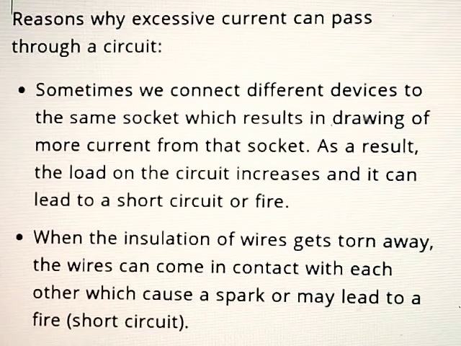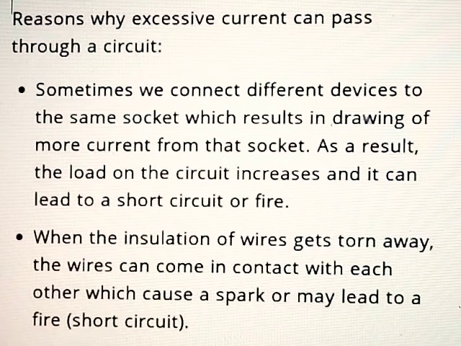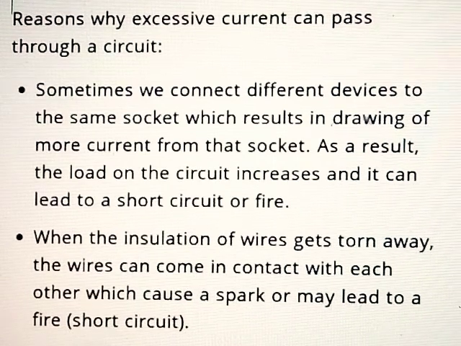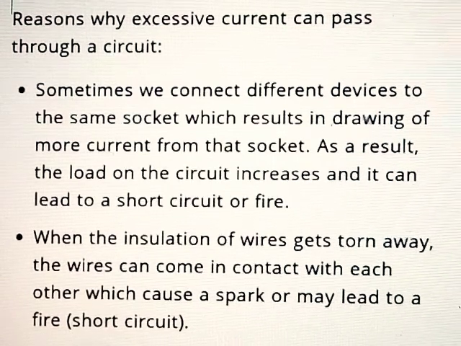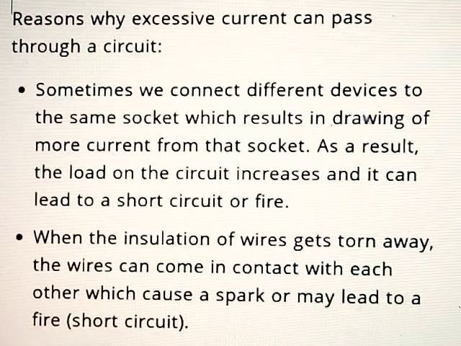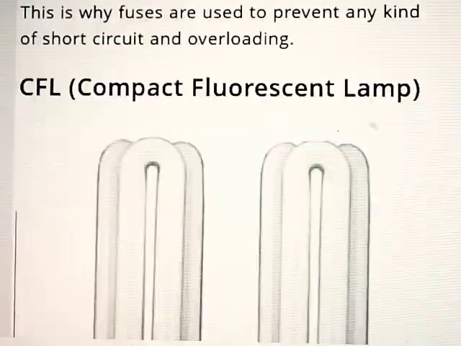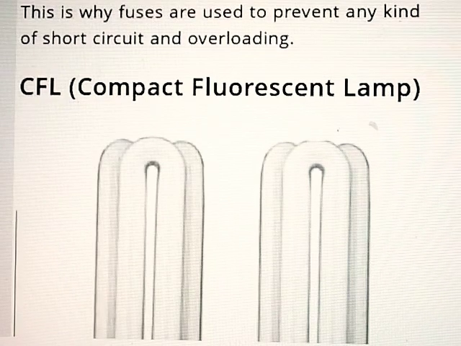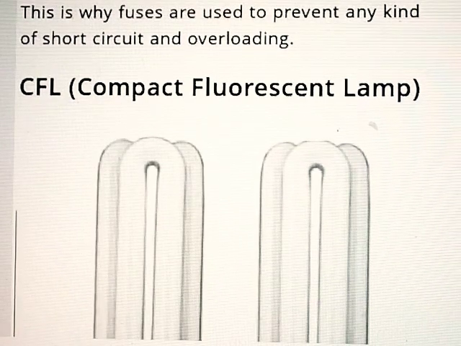As a result, the load on the circuit increases and it can lead to a short circuit or fire. When the insulation of wire gets torn away, the wires can come in contact with each other, which causes spark or may lead to a fire or short circuit. This is why fuses are used to prevent any kind of short circuit and overloading.